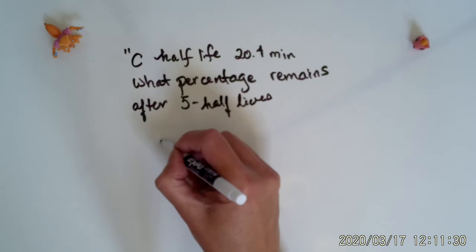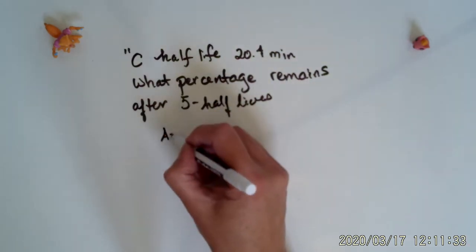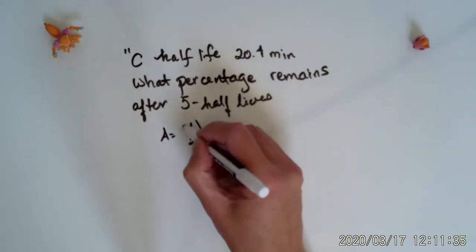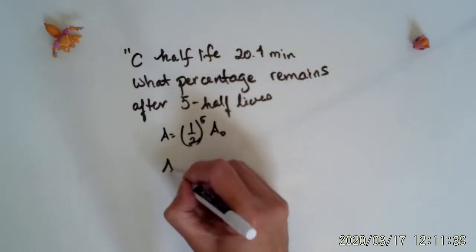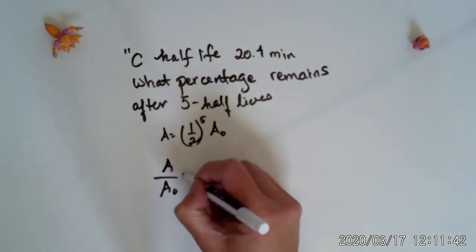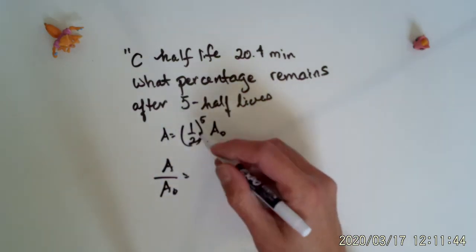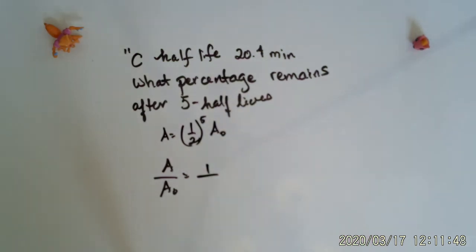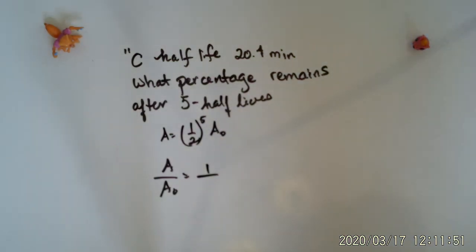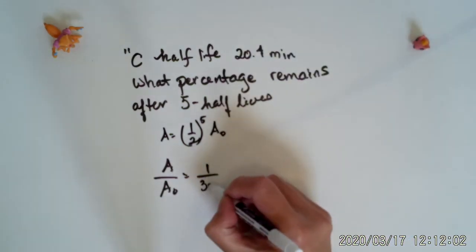So if we know that A is equal to 1/2 to the 5th A naught, then the percentage A over A naught is going to be equal to 1/2 to the 5th. So 1 over, that should be 32.